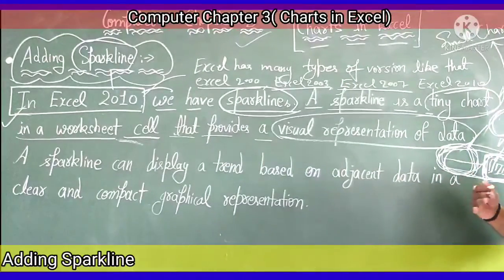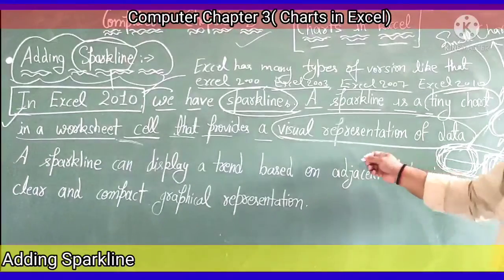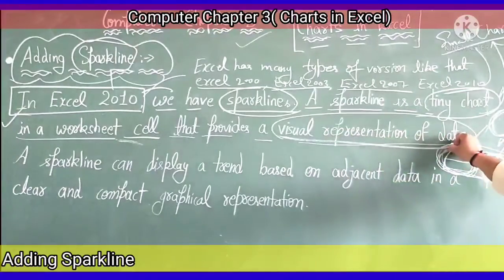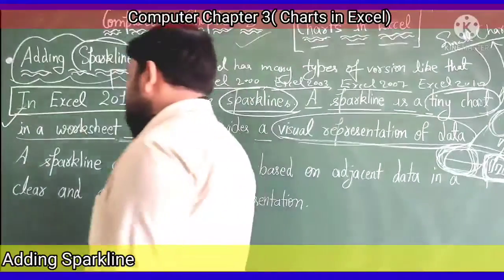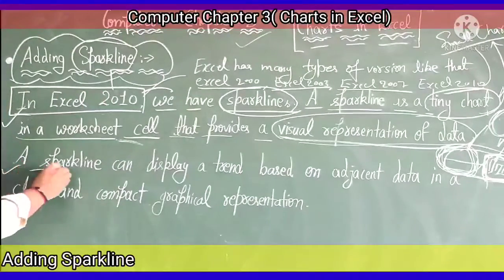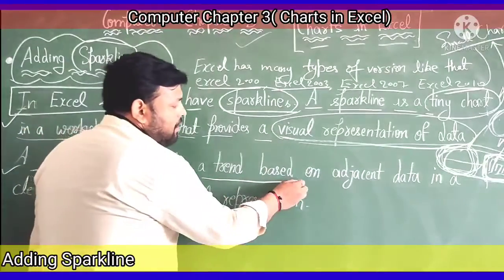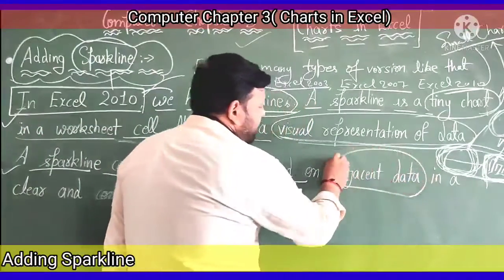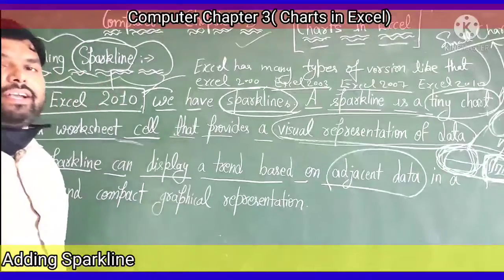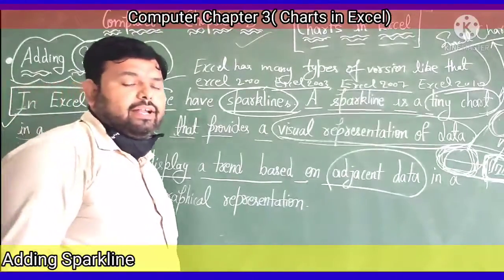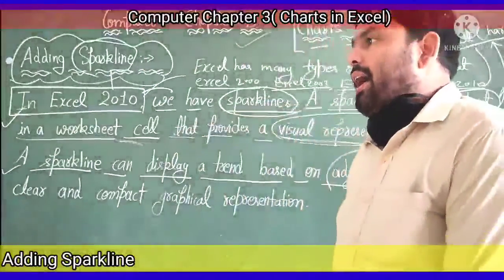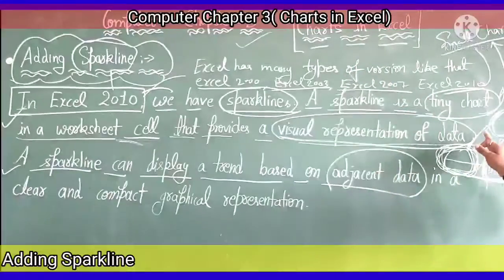Both are visualized directly. Visual representation of data. Next, a sparkline can display a trend based on adjacent data. Adjacent data means related data. The data series is the adjacent data for the tiny chart.